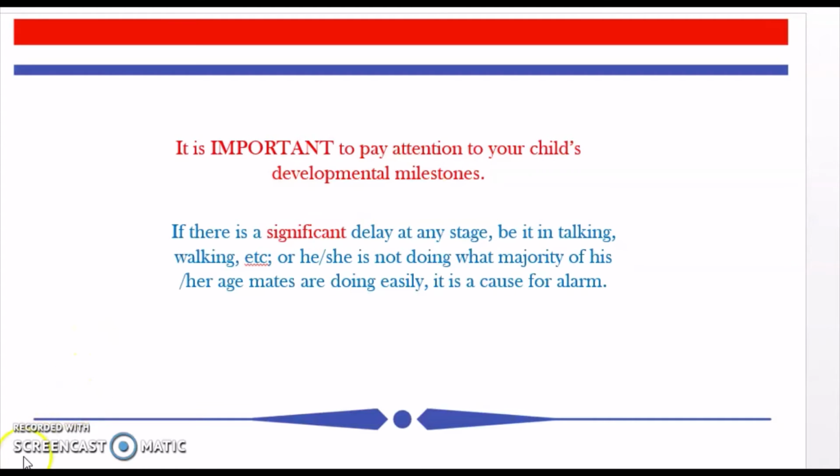Other kids are doing this. Why is he not doing this? So you have to pay attention to your child's developmental milestones and know when he or she is significantly lagging behind. Some children can be fast, some can be slow, but when the difference is so much, then you should get him evaluated to help him.